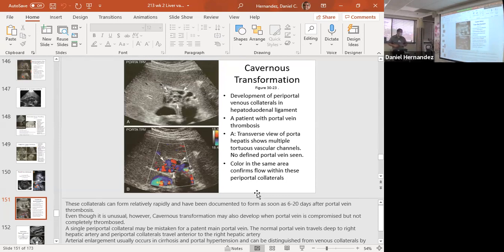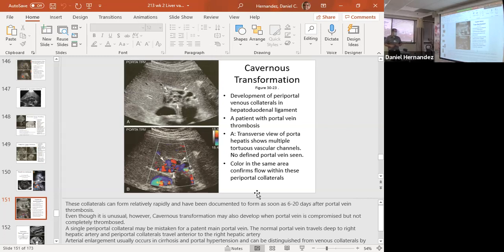Even though it's thought unusual, cavernous transformation may also develop when the portal vein is compromised but not completely thrombosed. So a single periportal collateral may be mistaken for a patient's main portal vein. So be careful that you're not just Dopplering or imaging a collateral thinking that that's the main portal vein.